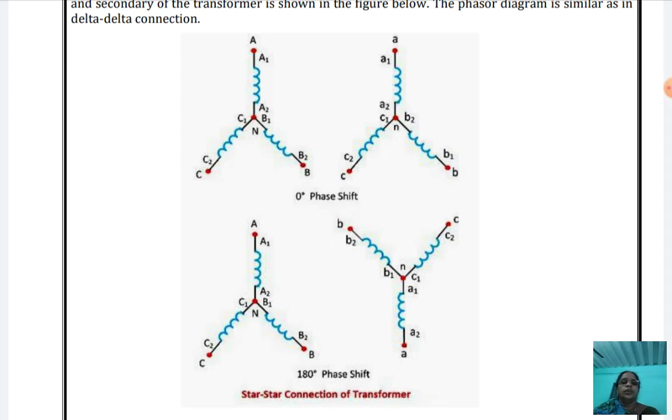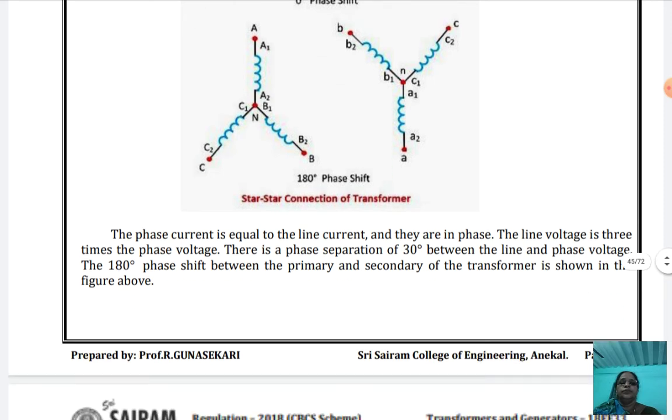You have to remember that the capital letters denote the primary, that is the labeling, and small a is labeled for the secondary. 0 phase shift means an ordinary star connection. The 180 phase shift is similar to delta, where only the secondary is shifted. Here the above one is the 0 degree phase shift, and the below one is the 180 degree phase shift.